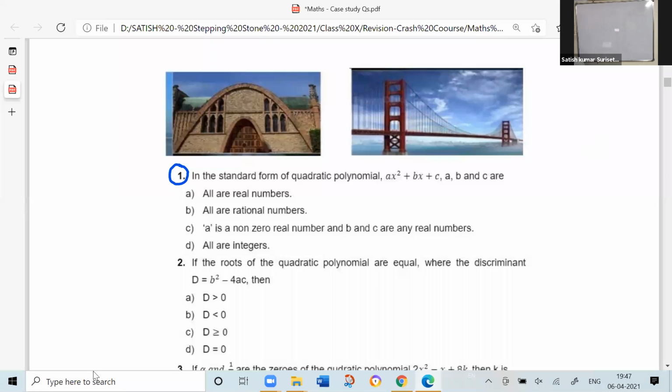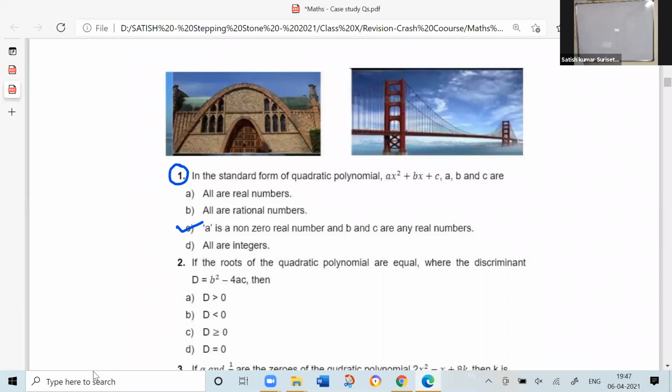So what is your answer? Have you remembered the conditions for a quadratic polynomial? Option C, sir. Option C. Anybody coincide? Good. Option C only.